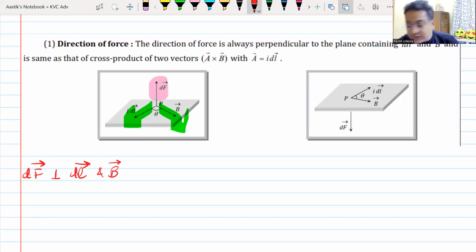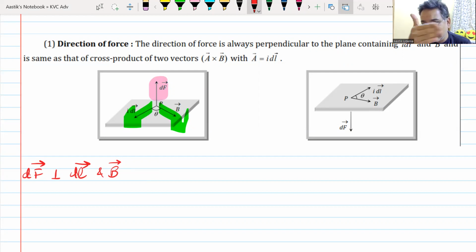And it is shown in this way. It's given by the right hand thumb rule. The first vector, which is the dl vector, thumb should point in the direction of dl. The direction of dl is the same as the direction of current. So thumb will go in the direction of current.